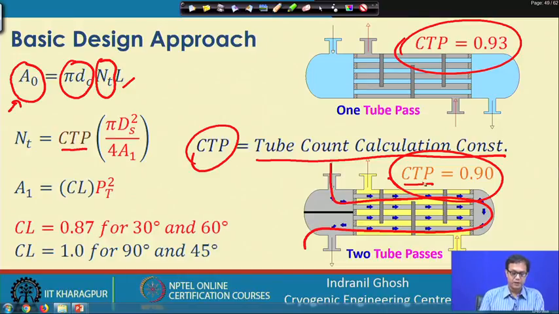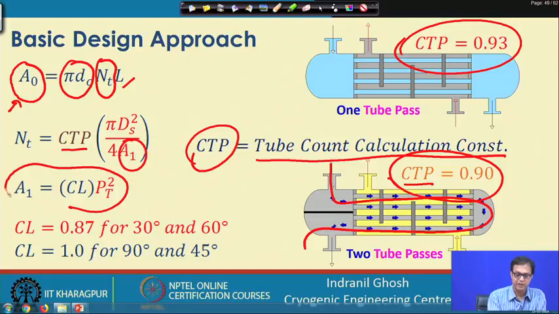Now we also have this A1 area given by CL into PT square. You can understand that it depends also on the arrangement of the tubes, whether we are arranging them in square pitch, or in triangular pitch with 45 degree or 60 degree or 30 degree.